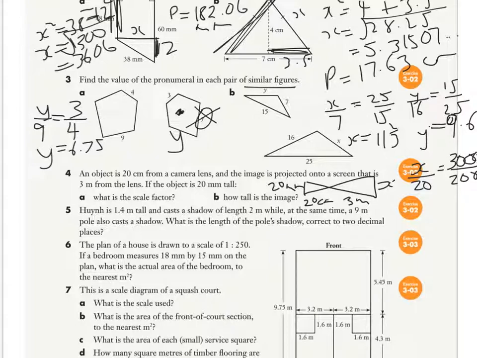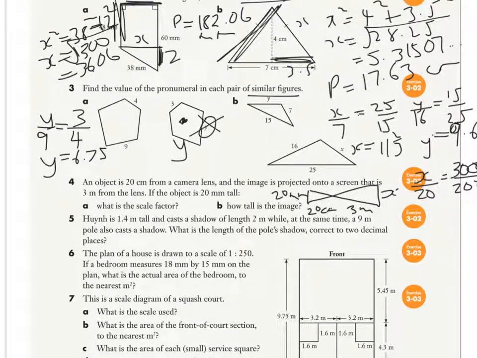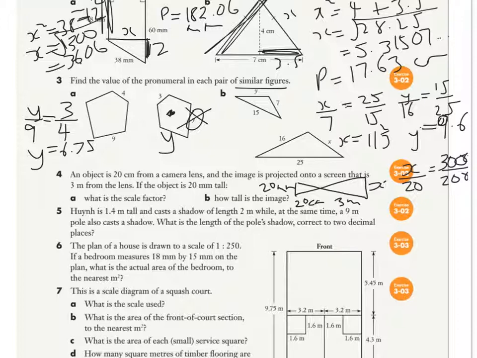Now times by 20, both sides, and we get x equals 300 millimeters, or 30 centimeters. Now, I didn't answer A, the scale factor. Well, that's the scale factor just there. 3,000 over 200, which gets us 15. So the image is 15 times larger.